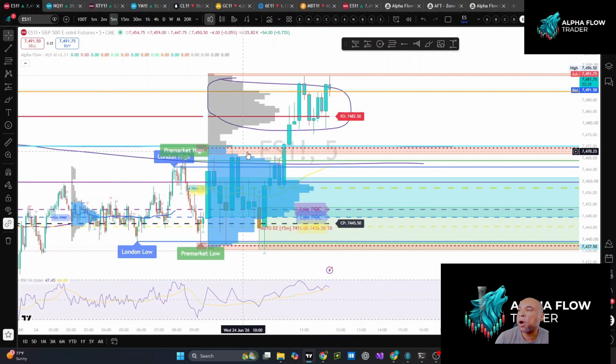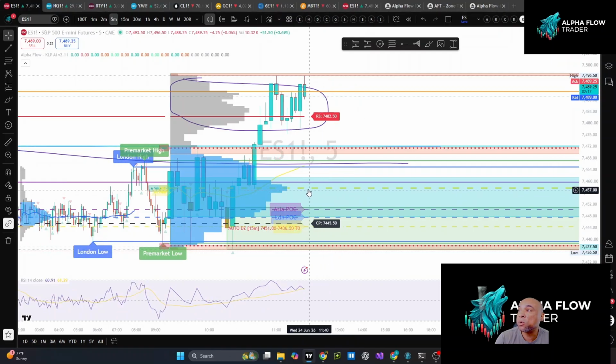So our program will highlight your low volume areas as well as the high volume areas. And the area with the highest amount of volume is known as point of control, which is signaled by this yellow dashed line here. So this is your point of control area.